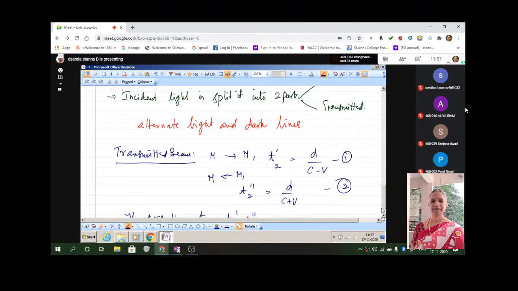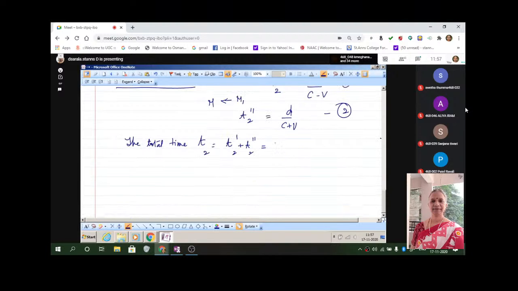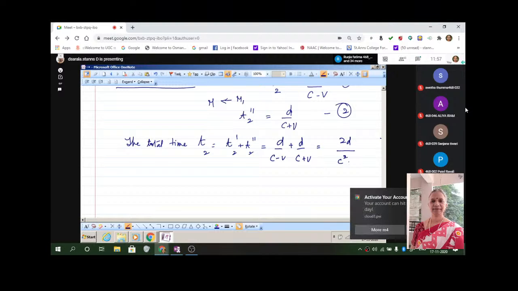The total time will be given by D by C minus V plus D by C plus V, which can be simplified as C square minus V square being common, so you get 2DC by C square minus V square, which can be written also as 2D by C times 1 over 1 minus V square by C square.